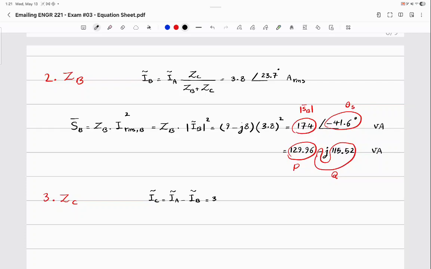So this is what I have, 3.815 with the angle negative 39 degrees, A RMS.